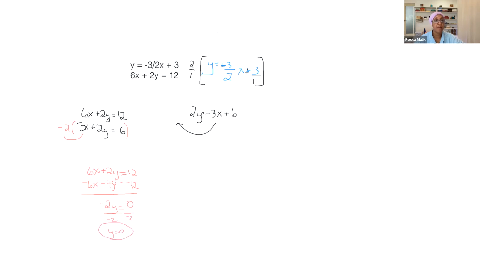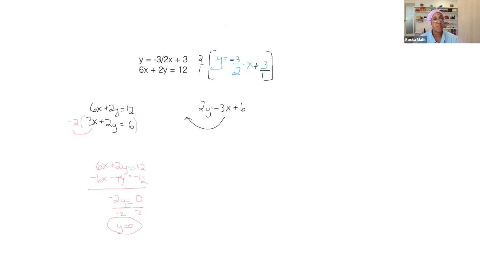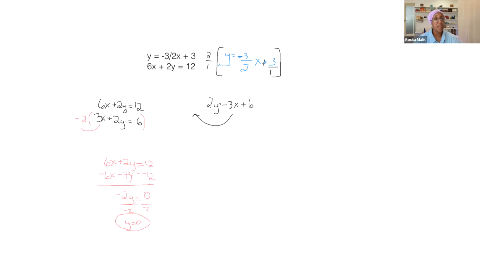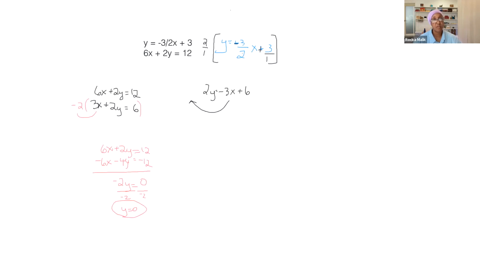And now I'll plug my y equals 0 into the equation that I didn't mess with and see what I get. So I didn't mess with this one. I'm going to plug the y equals 0 into this.